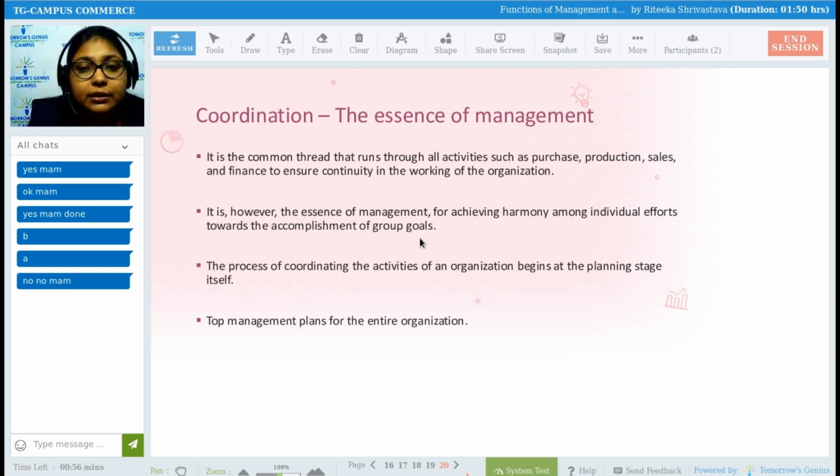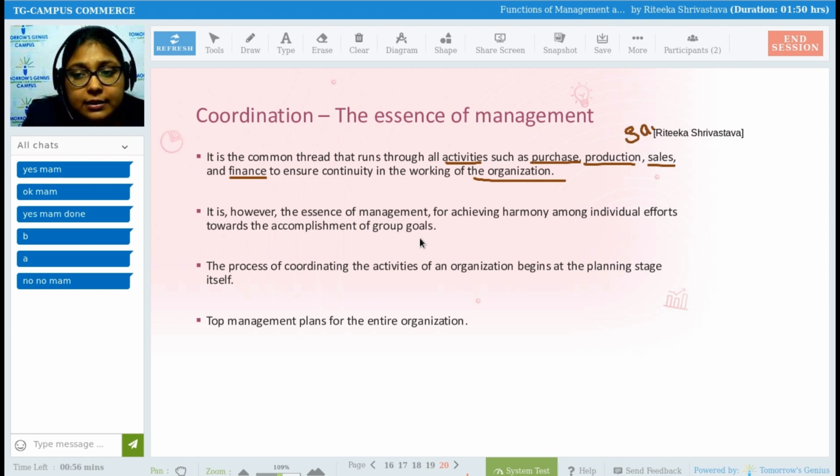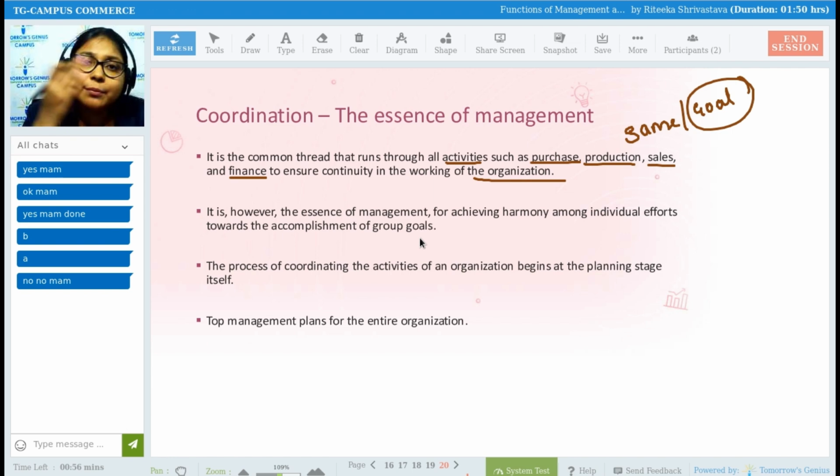It is a common thread that runs through all activities such as the purchase department, production department, sales department and finance, to ensure continuity in the working of the organization. Since all of them are part of the same organization, the goal or objective also remains the same. The departments might be different, but they all are working towards the one single objective of the organization.